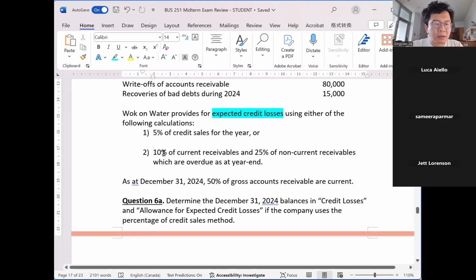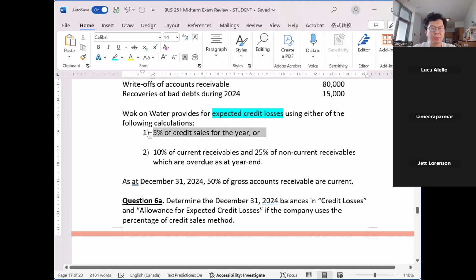And let's have a look at the second question. So 10% of current receivables and 25% of non-current receivables, which are overdue at the year end. So this is similar to the aging analysis. And in this way, we can calculate the year end AFECL.